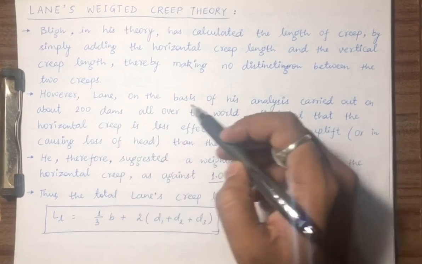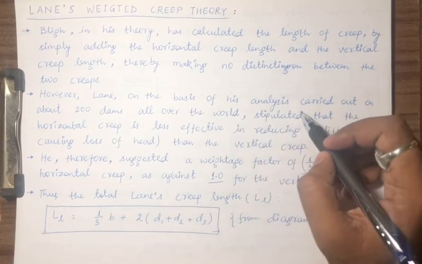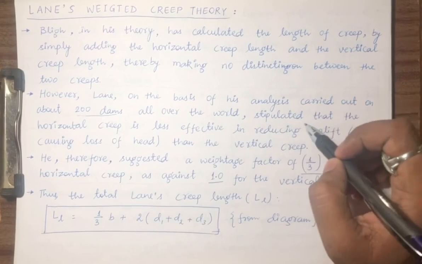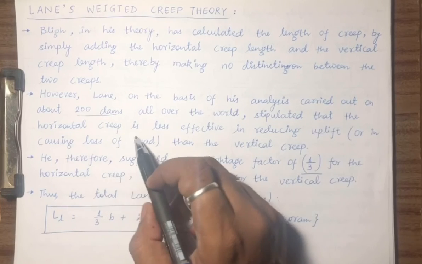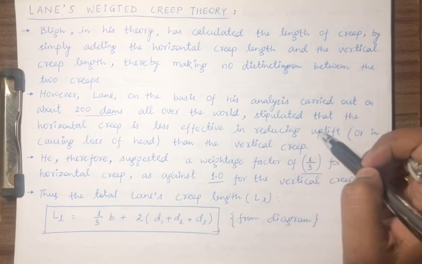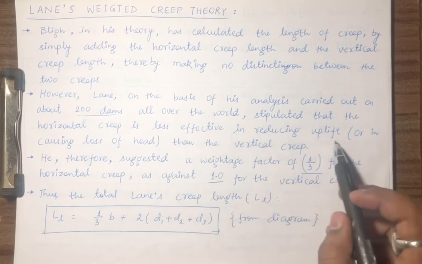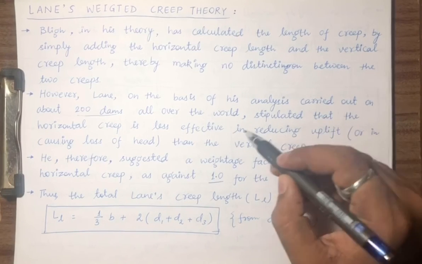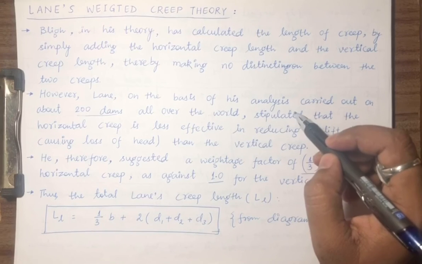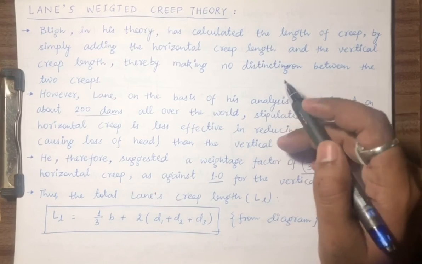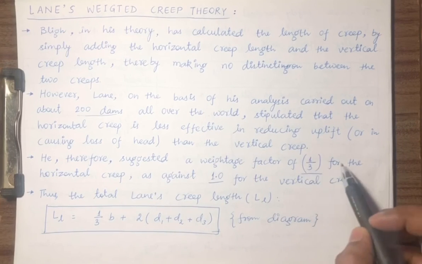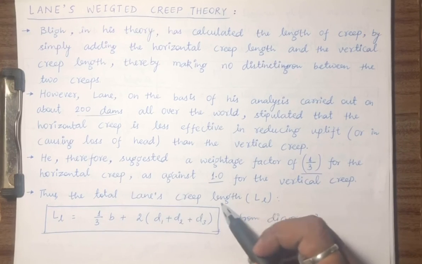However, Lane, on the basis of his analysis carried out on 200 dams all over the world, stipulated that the horizontal creep is less effective in reducing uplift than the vertical creep. So more dangerous is vertical creep, horizontal creep is not that dangerous. He therefore suggested a weightage factor of 1/3 for the horizontal creep as against 1 for the vertical.